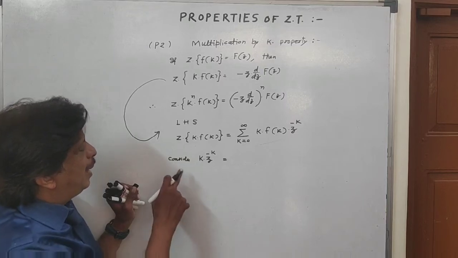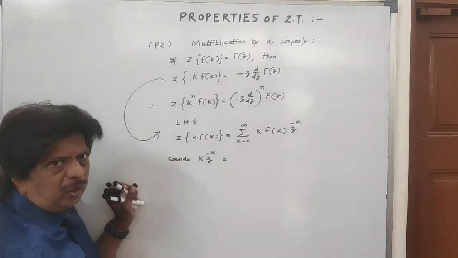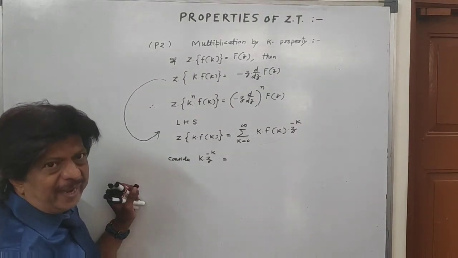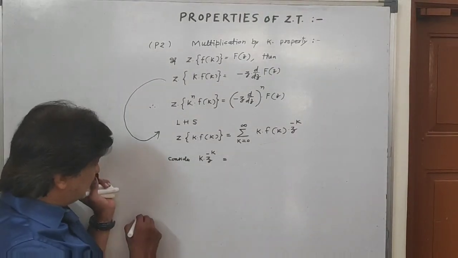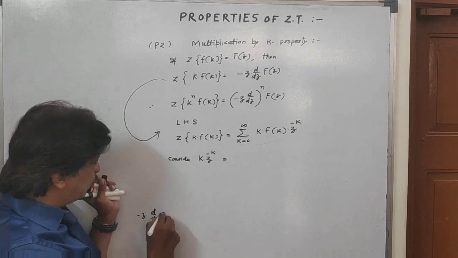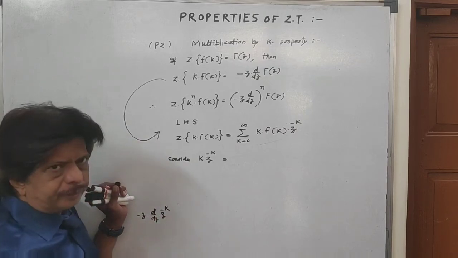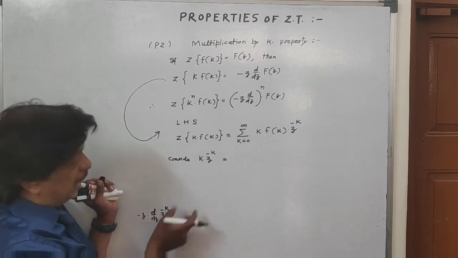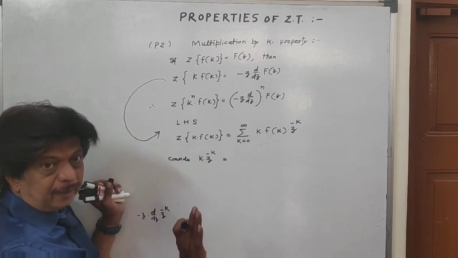Now, I will write this term k into z raised to power minus k as minus z times derivative of z raised to power minus k. Note this. This term and this term, they are same.